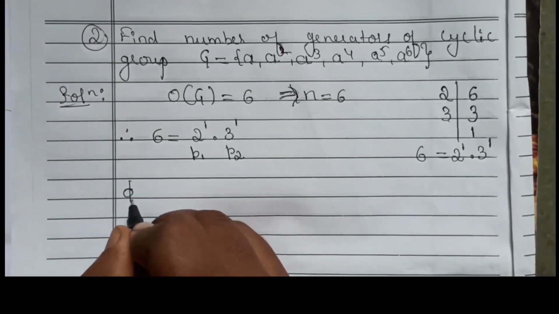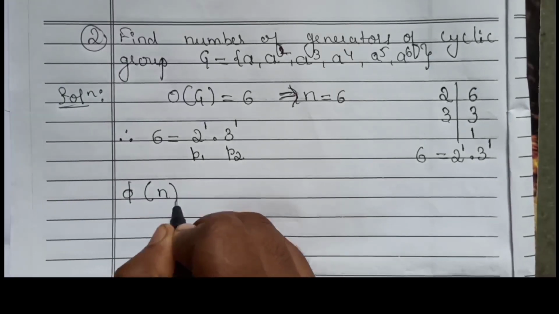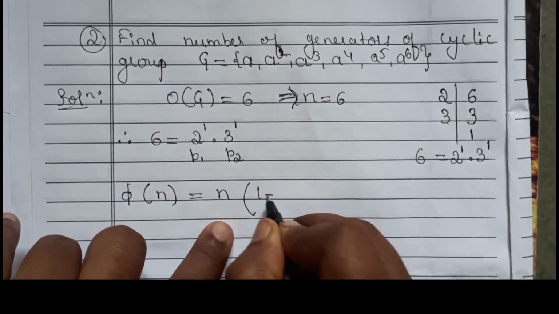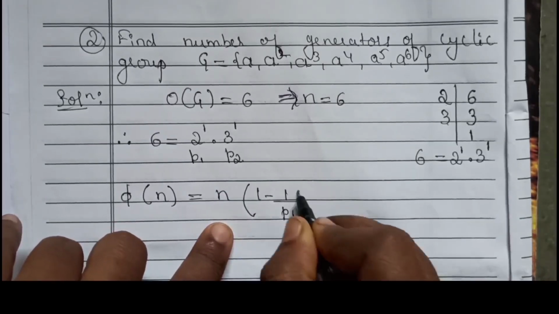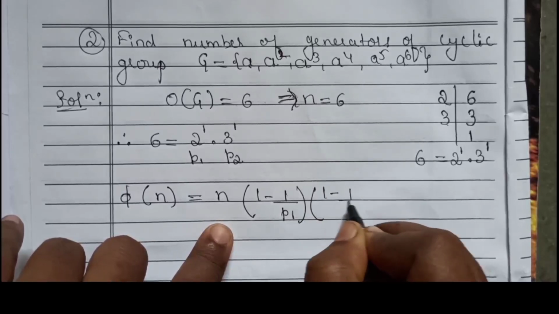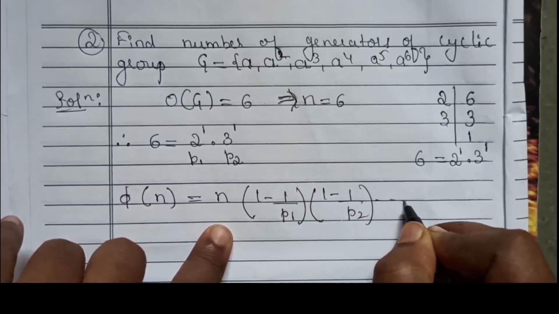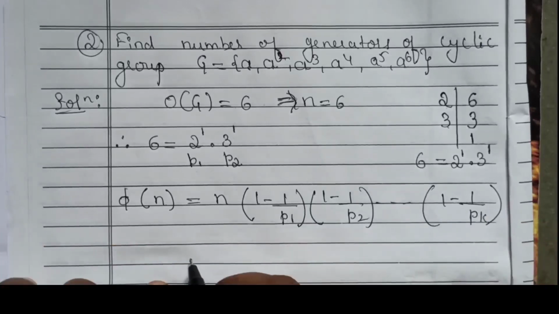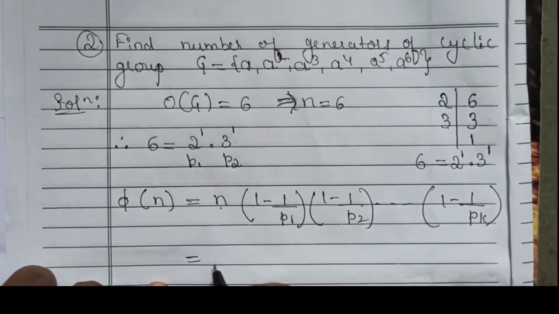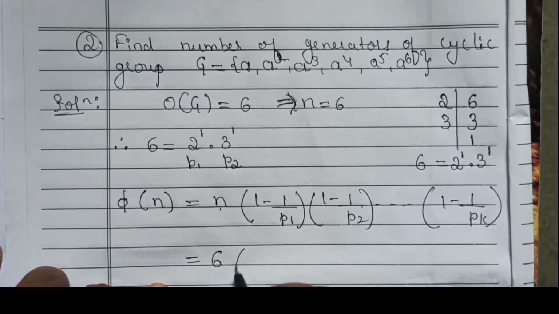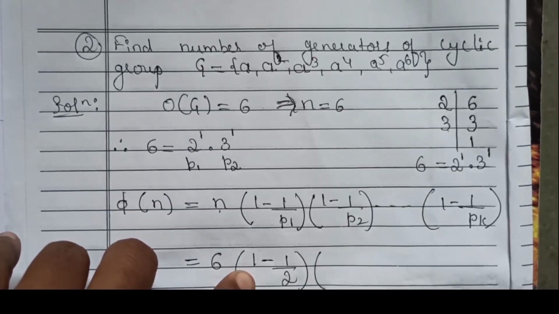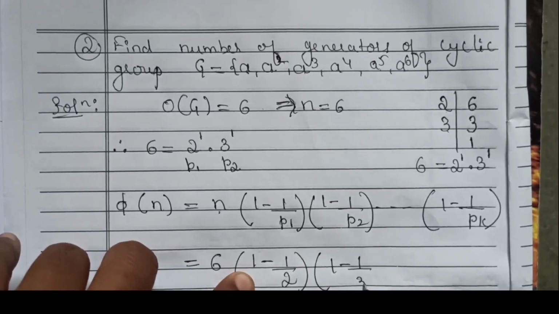So now we have the formula of phi of n. Once again you write the formula: n times (1 minus 1 by P1) times (1 minus 1 by P2) up to (1 minus 1 by Pk). So here n is 6, the first prime number is 2, so 1 minus 1 by 2, and 1 minus 1 by 3.